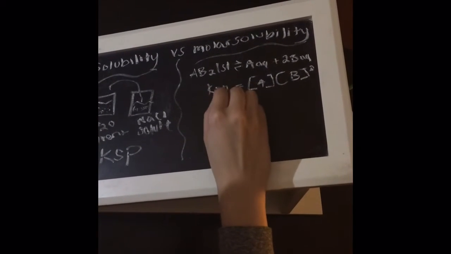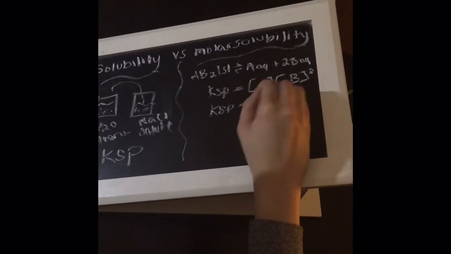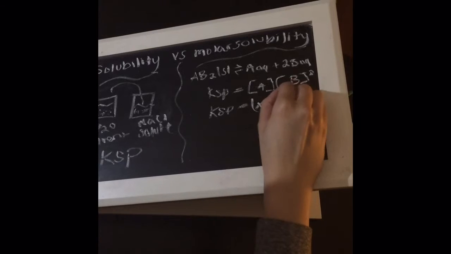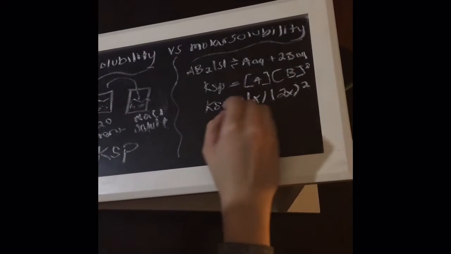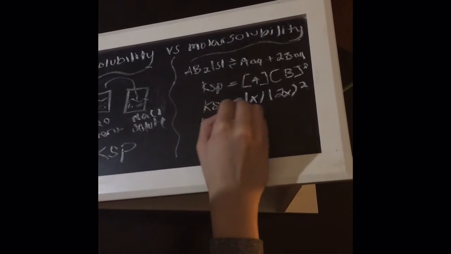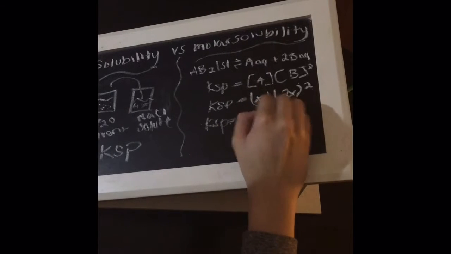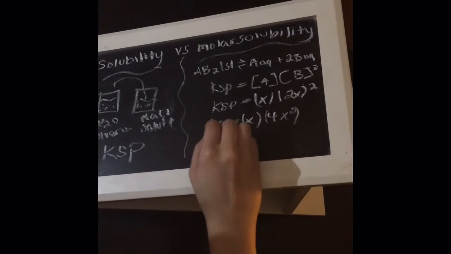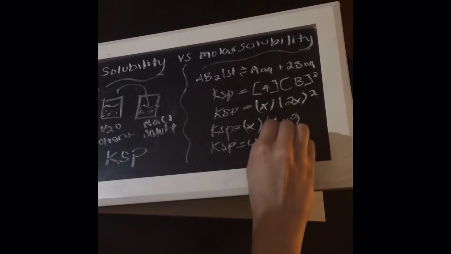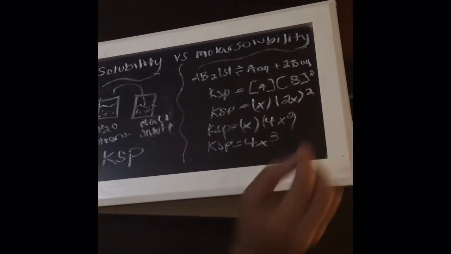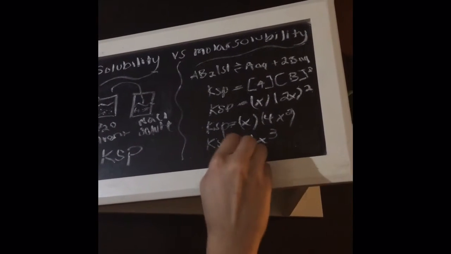And then you just replace those with x's. So I'm going to give you x and then 2x squared, which will give you x times 4x squared, which will then in turn give you 4x cubed, and then you just plug in your KSP value and solve for x, and that will give you the molar solubility.